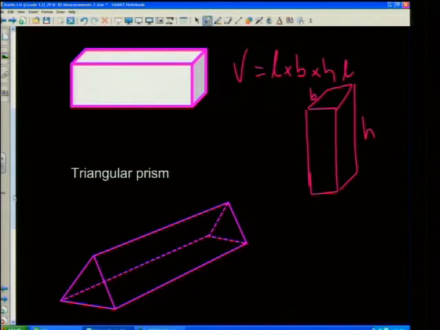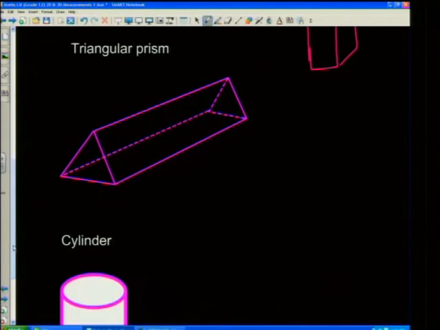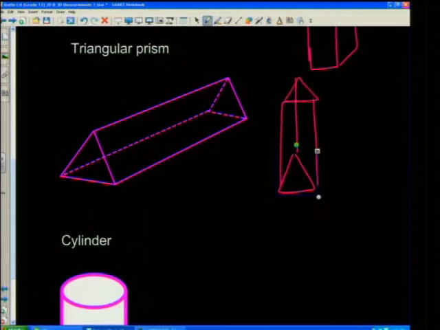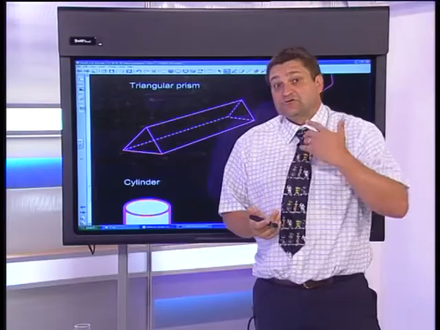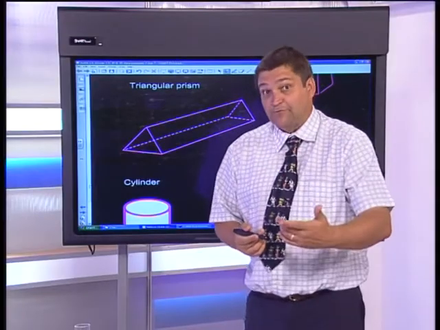Here's an interesting one, a triangular prism. If I drew a triangular prism standing up straight, it's a rather sad looking triangular prism, but there it is anyway. What I could do is work out the surface area of the triangle, which is half times the base times the perpendicular height.